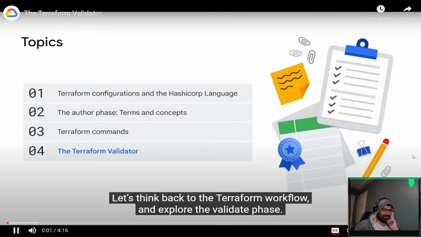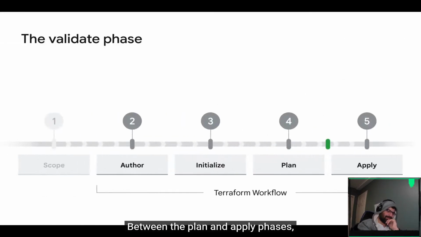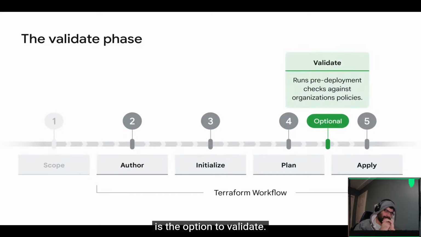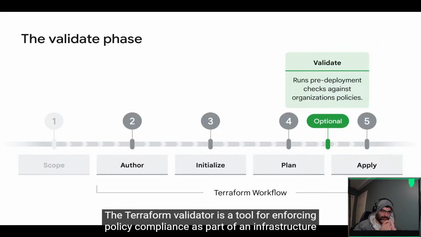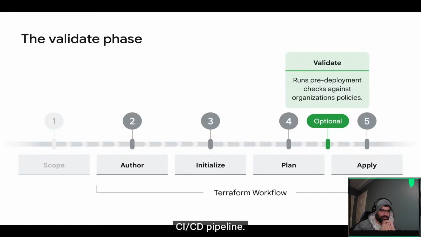Let's think back to the Terraform workflow and explore the validate phase. Between the plan and apply phases is the option to validate. During this phase, pre-deployment checks are run against organizational policies. The Terraform Validator is a tool for enforcing policy compliance as part of an infrastructure CI/CD pipeline.